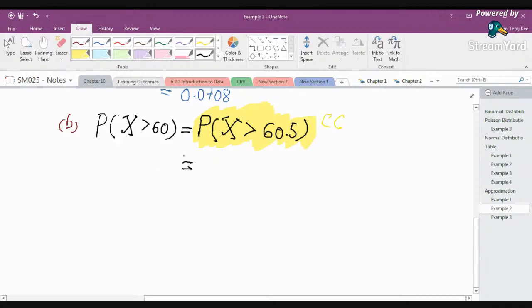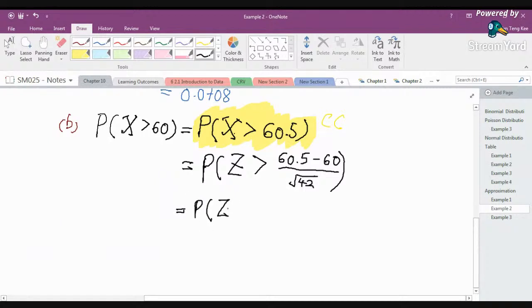Next, for our calculation, we go for standardization. We're going to turn X into Z, where Z is greater than 60.5 minus 60 divided by square root of 42. And as a result, when you do the calculation, you have Z greater than, once again keeping your answer to two decimal places, 0.08.